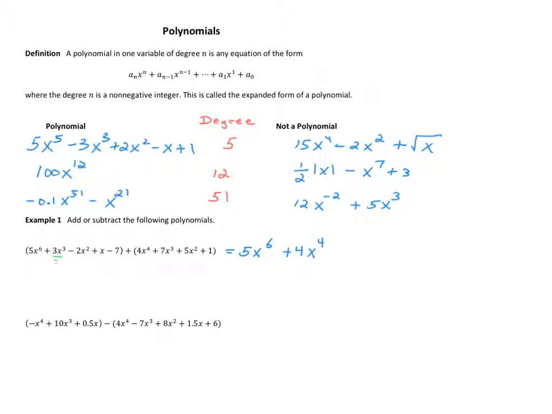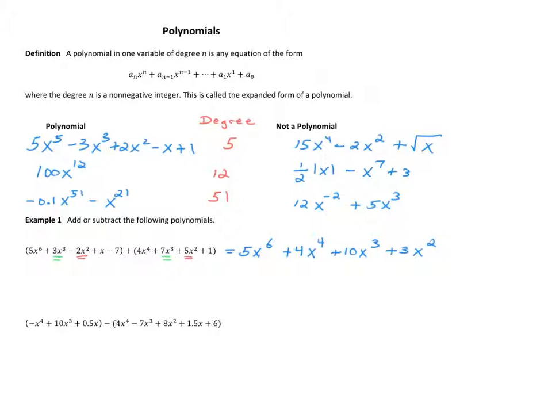Here I have a 3x cubed and a 7x cubed. Essentially, all we're going to do is just add the two coefficients together. I have 3 of one, 7 of the other, so we have a total of 10x cubed. Okay, continuing, for x squareds, I have negative 2x squared and a 5x squared. If I combine those coefficients, I get 3x squared.